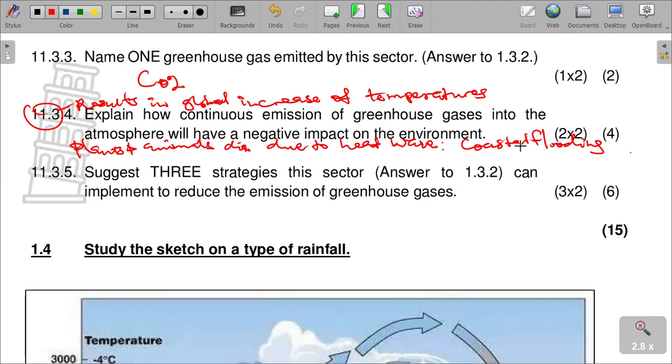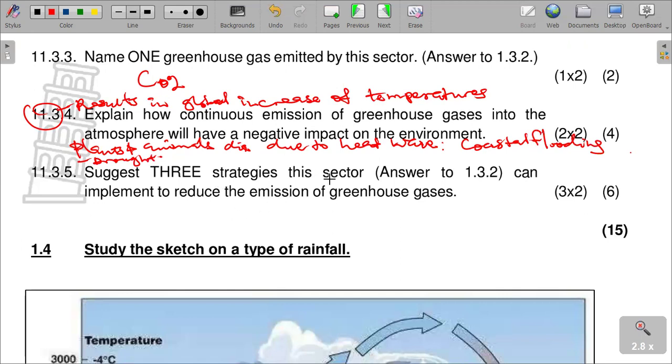And then the impact on the environment. We can also talk about droughts, which can also happen, as examples of problems that might arise as a result of the continuous release of greenhouse gases.